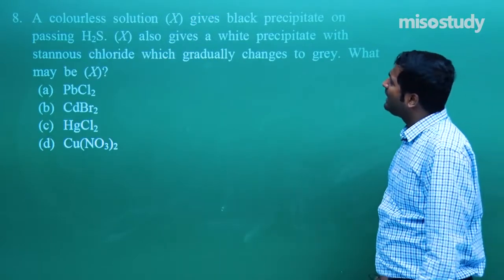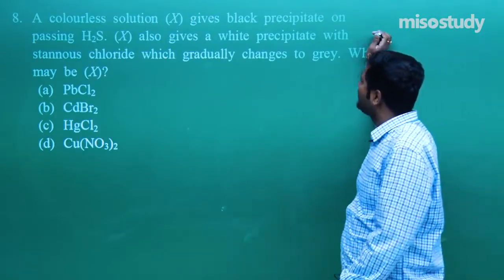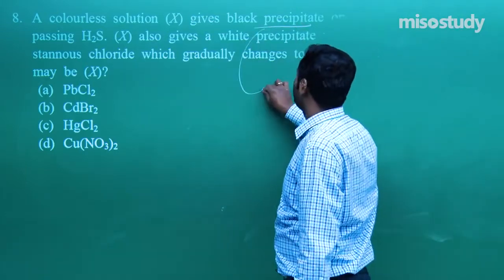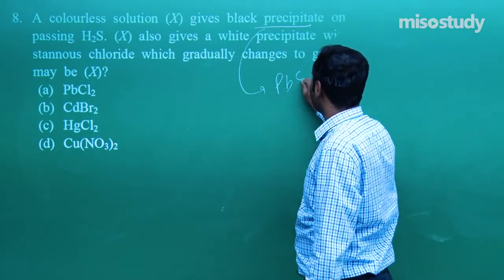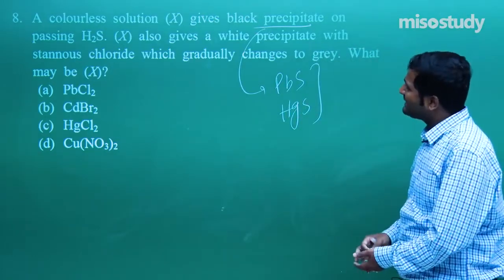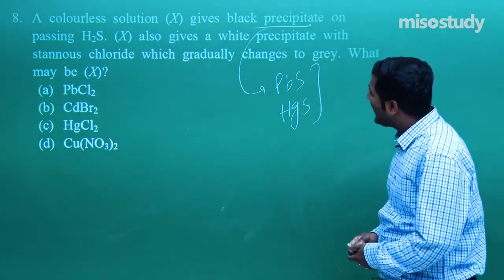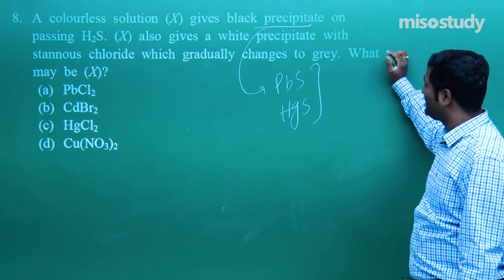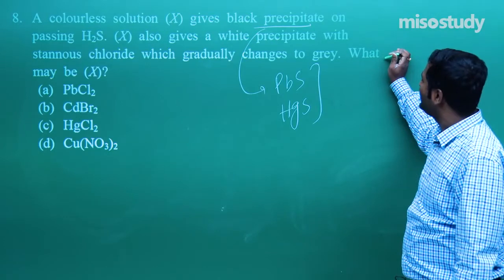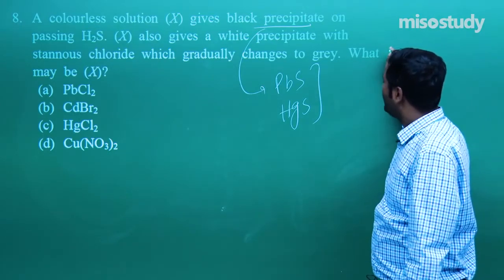Question number 8. A colorless solution X gives a black precipitate, generally it may be PbS or maybe HgS, on passing H2S. So clear? X also gives a white precipitate with stannous chloride, which gradually changes to gray.